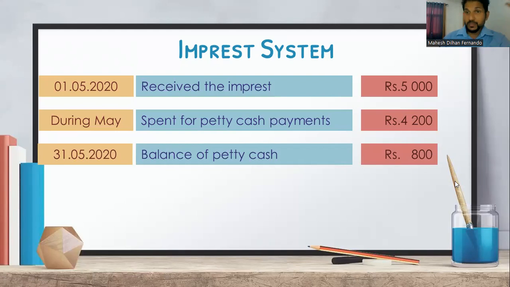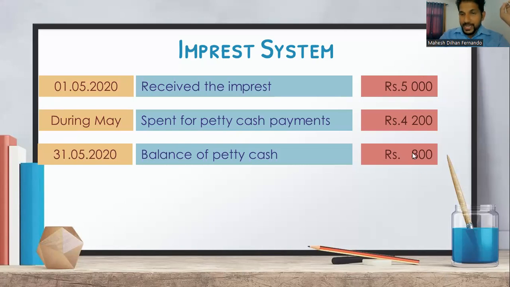So for the next month, this balance has to be reimbursed. Who can tell me what is the amount to be reimbursed? What is the value to be reimbursed? Exactly.